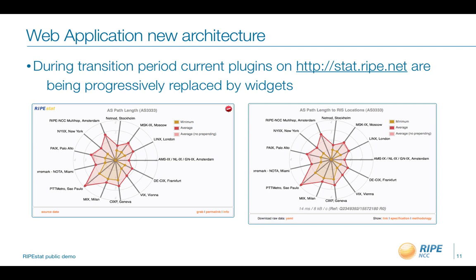There are a few layout differences, and if you have good eyes you can actually spot them. You see that there is a new button called grab, which will allow you to further embed this widget into another HTML page. So it's a way to share the widgets. We also show the source data in a different format, and we'll have a look at that a little bit more later.